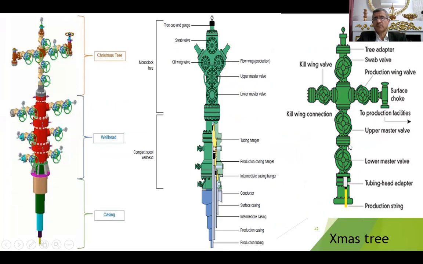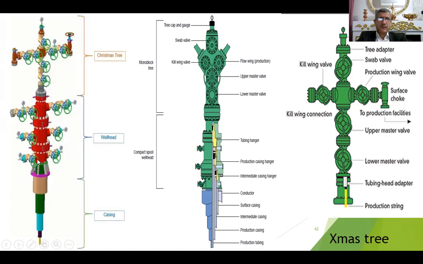Here, this is conventional. We sometimes find 10,000, 15,000, it depends, and it has different types. This is conventional, this is monobore completion, this is one block, while these are different pieces of the valves, and we can connect them using the API flanges.